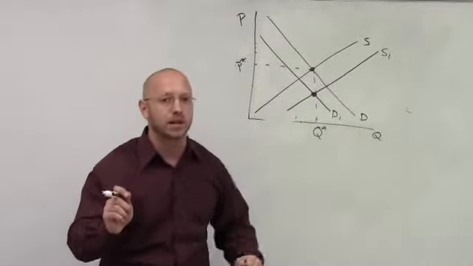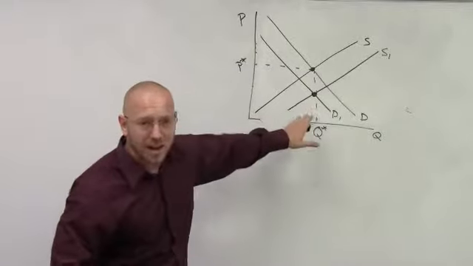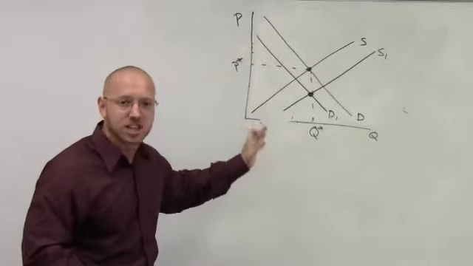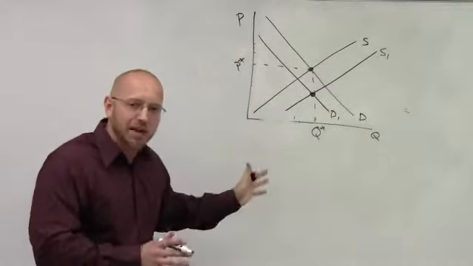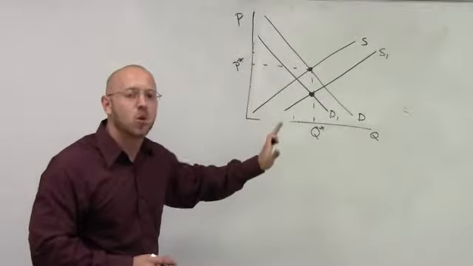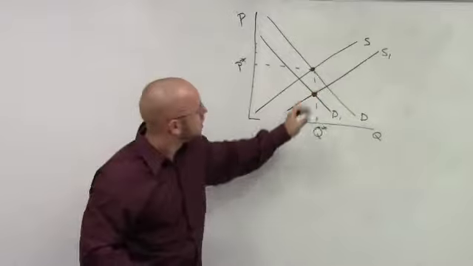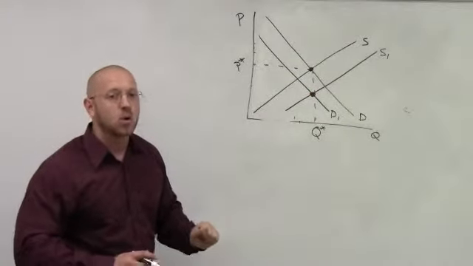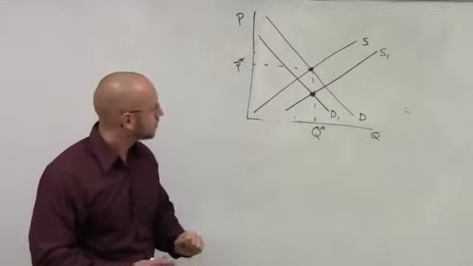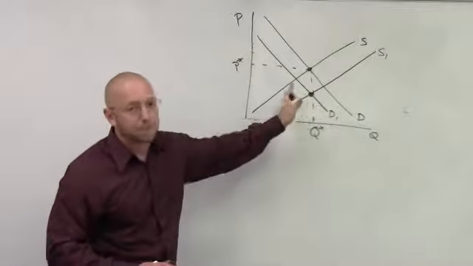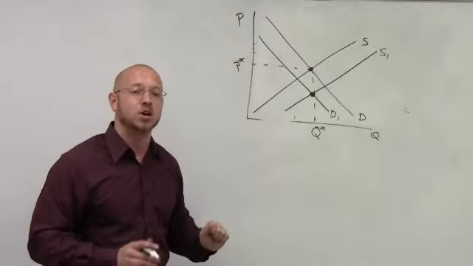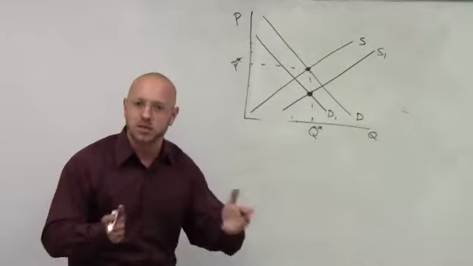But what about the quantity? Now, the way I've drawn it, you almost can't tell. It looks like it didn't change at all. But this is just the way I've drawn it. Now, what happens to quantity when supply goes up? Remember? Supply goes up, quantity goes up. Right? But what happens to quantity when demand goes down? Quantity goes down.